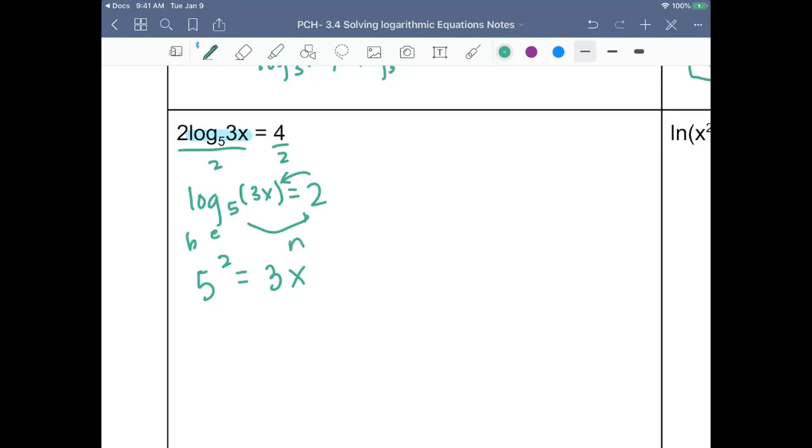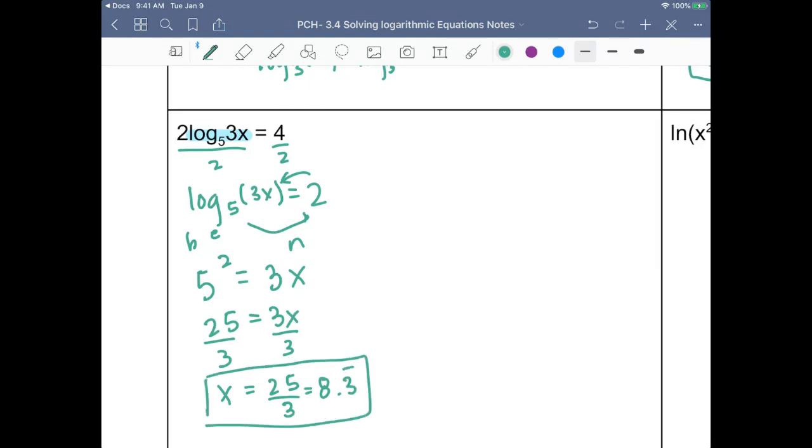So 5 squared is 25 is equal to 3x. And then I divide by 3. So I get x is equal to 25 over 3. Or as a decimal, this is actually an exact value, 8.3 repeating. Exact values are better than rounded numbers.